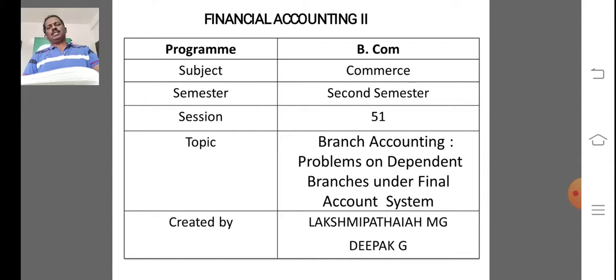The difference is either profit or loss, that is gross profit or gross loss.